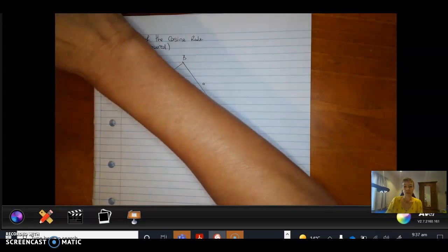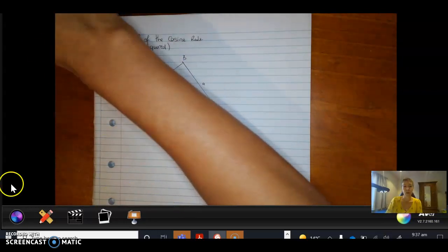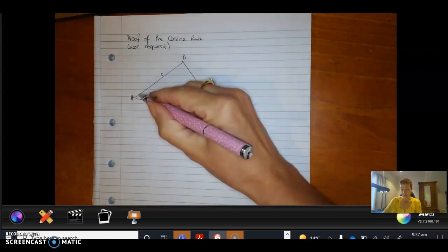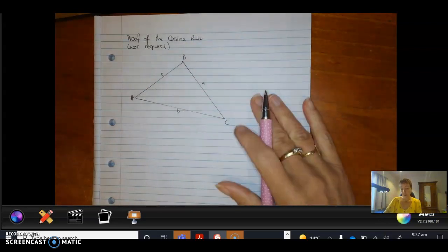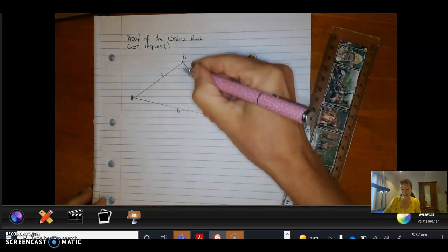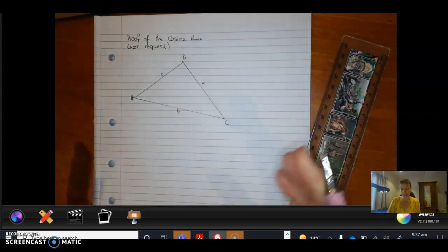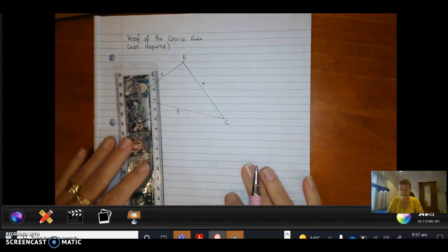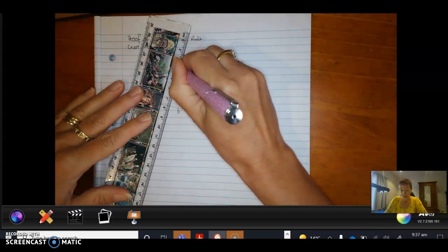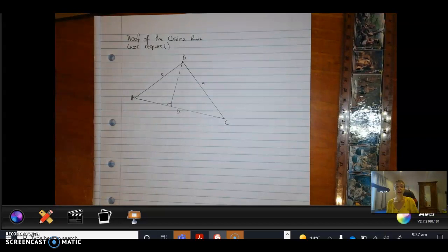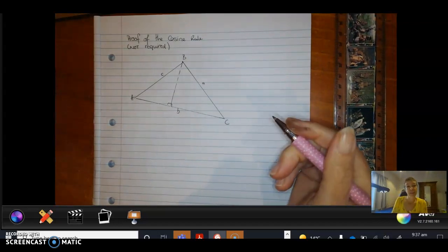Okay, so when we are looking at our triangle, I've set mine up. Remember, we've got our vertices with uppercase letters, and each of the sides is a lowercase opposite, so B, A, and C. I am going to put in a perpendicular line.